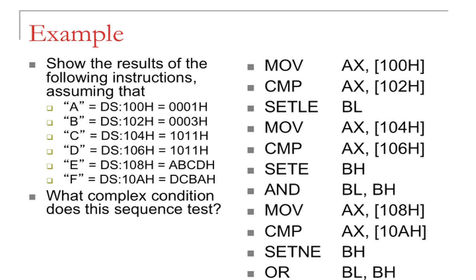And then we have to set. So if it's not true, then it's set to 0. Right. So if either of these conditions is not true, then you have 0 on BL or BH. Then the AND operation will give you a 0.